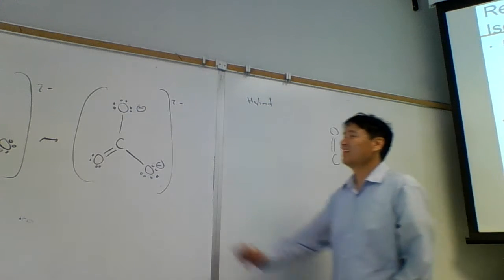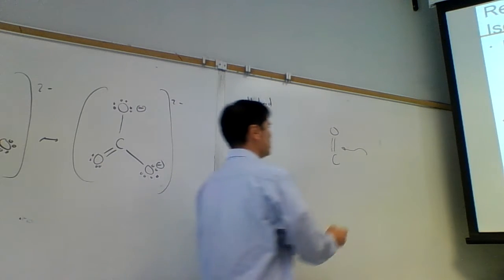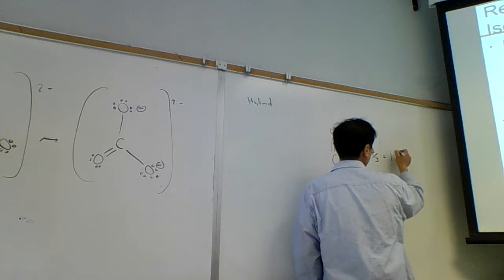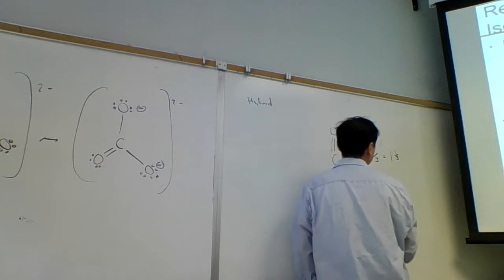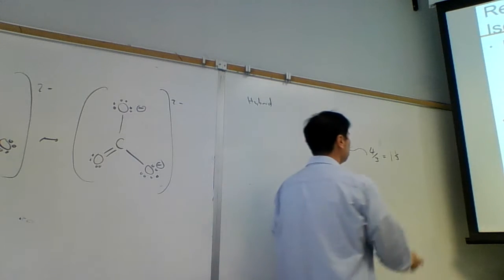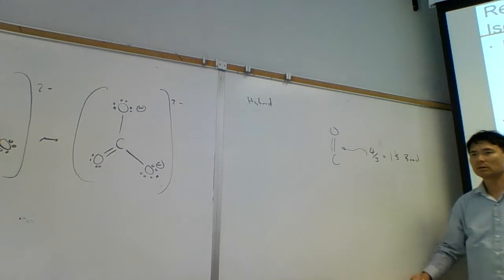Anyway, if I take 1 bond, 1 bond, and 2 bonds, that's 4 bonds, and average it over 3 structures, I got 4 bonds averaged over 3 structures. It's 4/3, or 1 1/3. And so this is a 1 1/3 bond. We have a name for this. This is called the bond order.